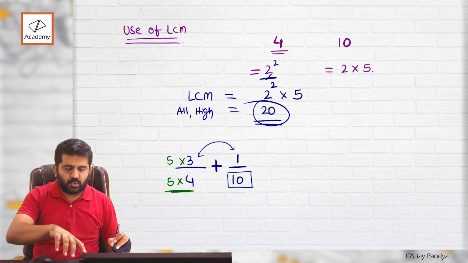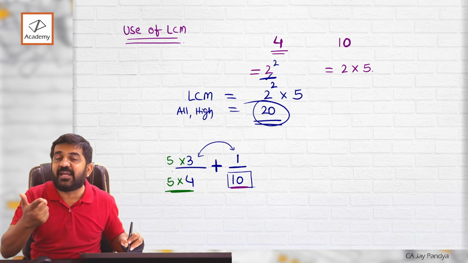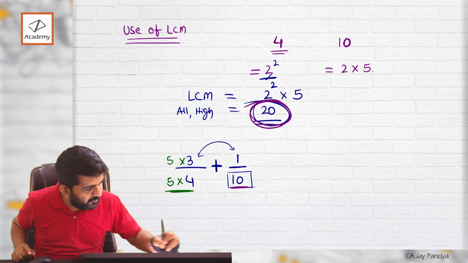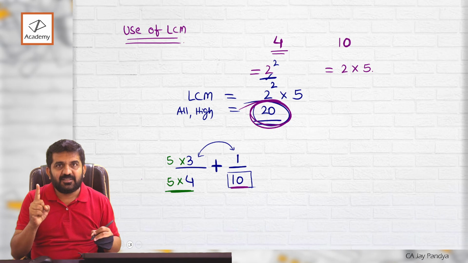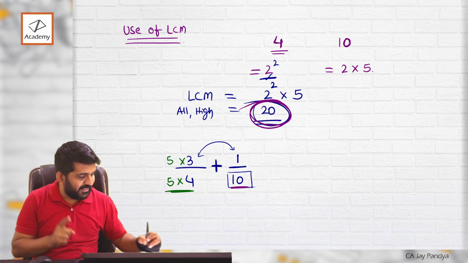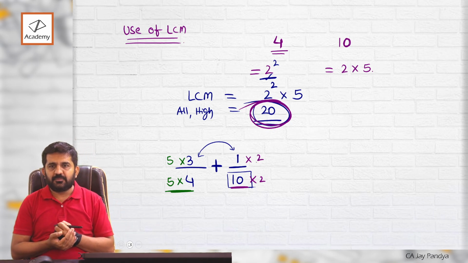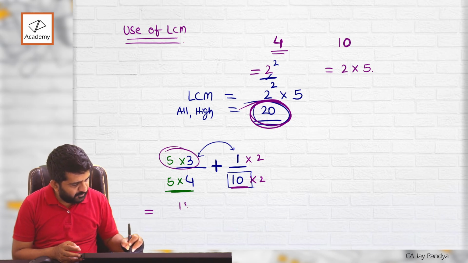Let us go to the purple color pen. Here also the denominator is 10. What should I make it? 20. So this 20 figure is helping us. I should make it 20. So 10 twos are 20. 1 twos are 2.